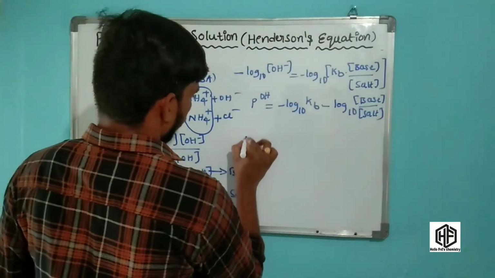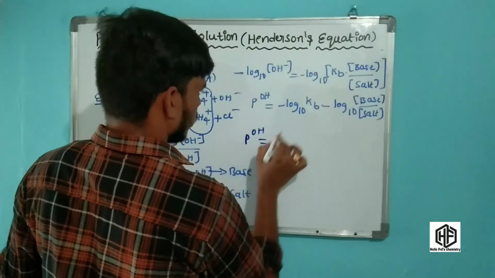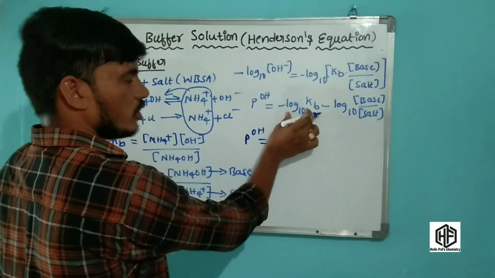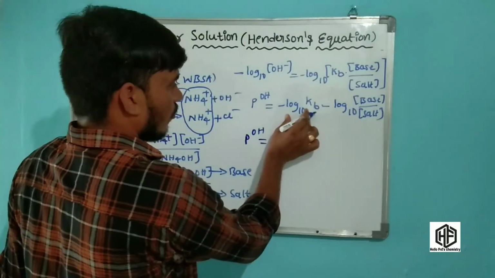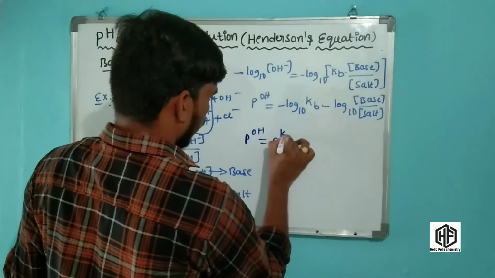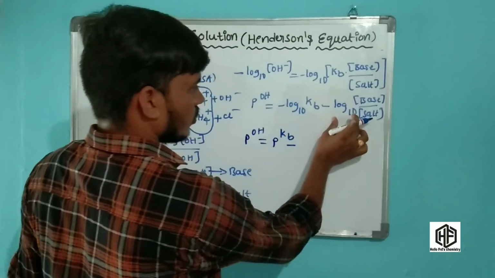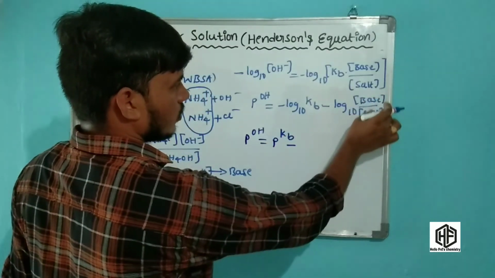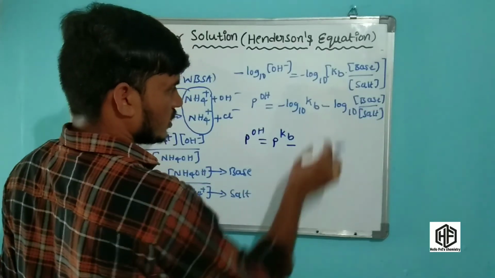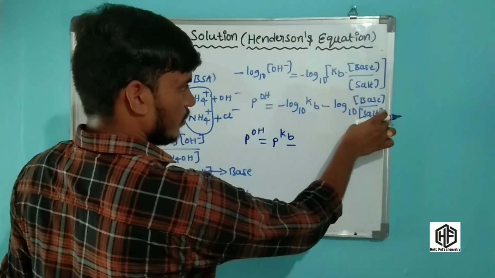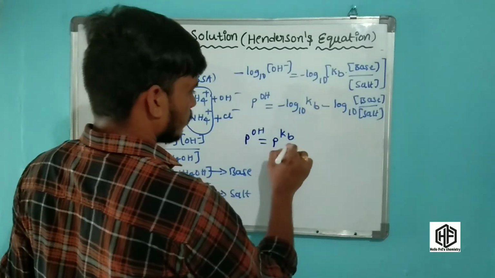Okay friends, now pOH is equal to minus log base 10 Kb. Now minus log base 10 Kb is pKb, minus log base 10 concentration of base by salt. Now this term is reversed, so the sign is positive.